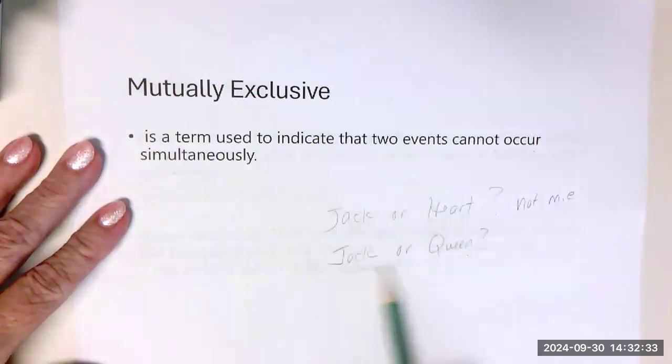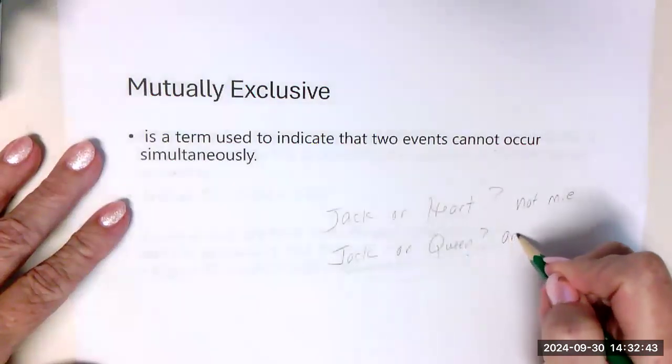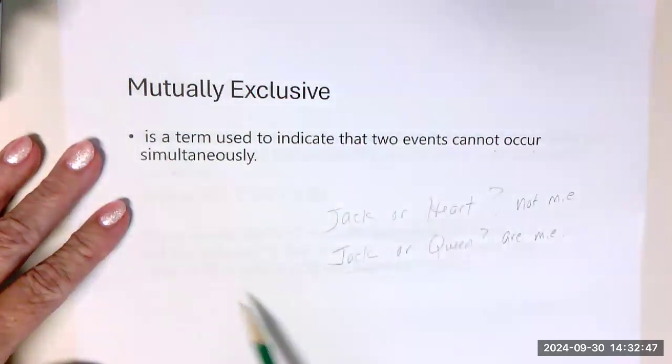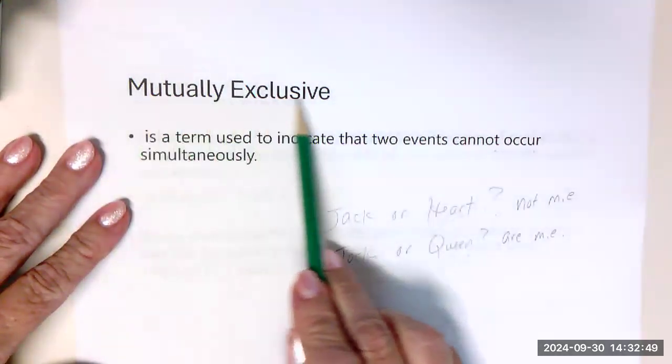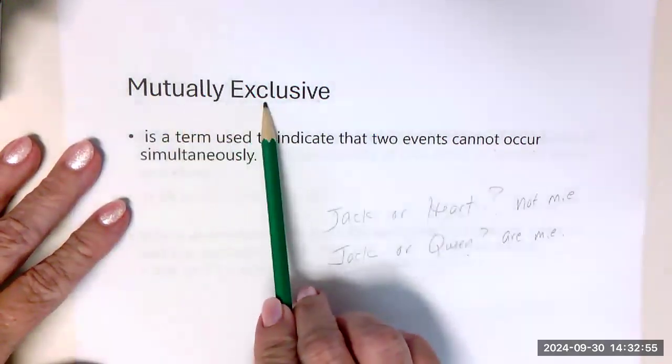There's no scenario where you can get a card that is both a jack and a queen. They're mutually exclusive. So hopefully that makes sense because this is going to come back. It's going to be an important thing when we start doing probabilities, and it's important to understand what mutually exclusive means.